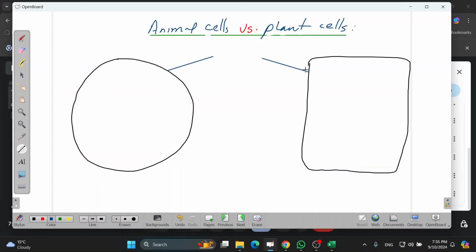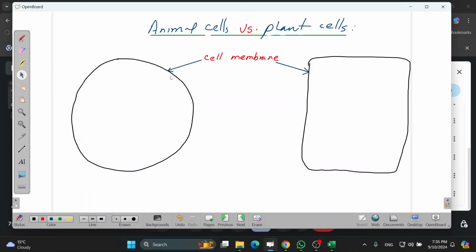Boundary, this boundary, we are going to call that the cell membrane, right? That is the cell membrane. That is kind of the boundary of the cell.